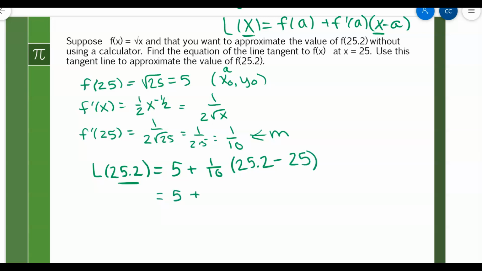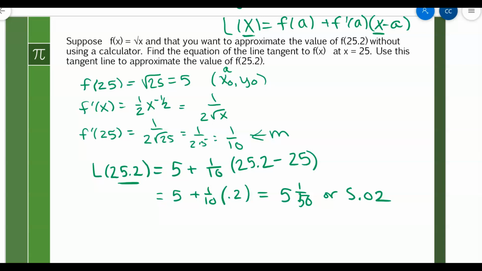So I get 5 plus 1/10 times 25.2 minus 25. That's 0.2, which is really 2/10. So we end up with 5 plus 2/100ths, which is really 1/50th, or 0.02. So it would be 5 and 1/50th, or 5.02.